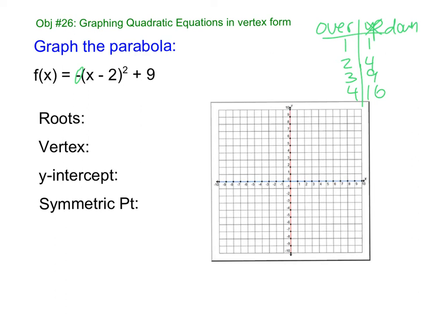My vertex, change the sign of the inside, outside stays the same. So 2, 9, over 1, down 1, over 2, down 4, over 3, down 9, over 4, down 16.